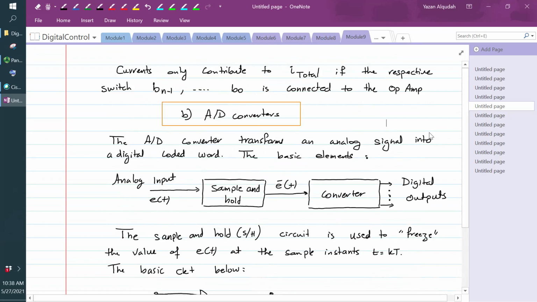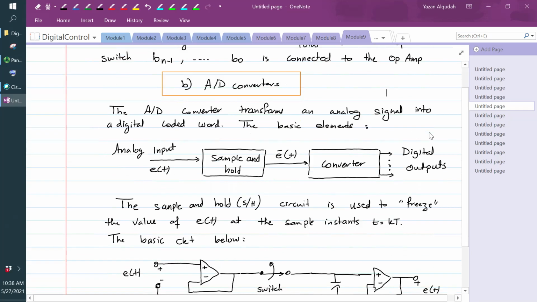Okay, now the next thing we're also going to look at is the circuit for the analog to digital converter. Remember, with the analog to digital converter, we are taking an analog signal and converting it into a digital code word.